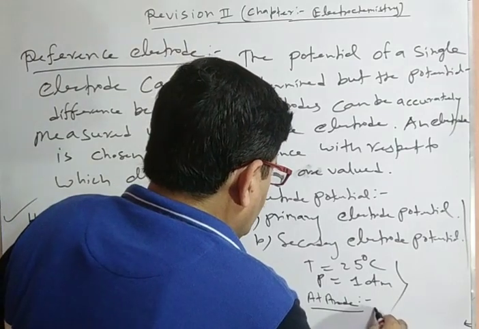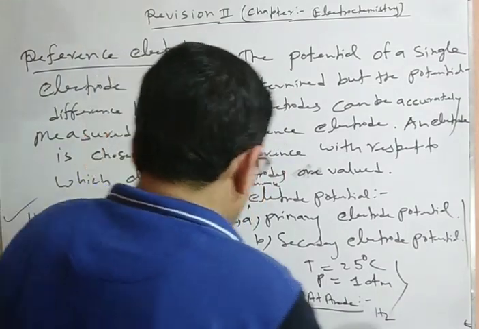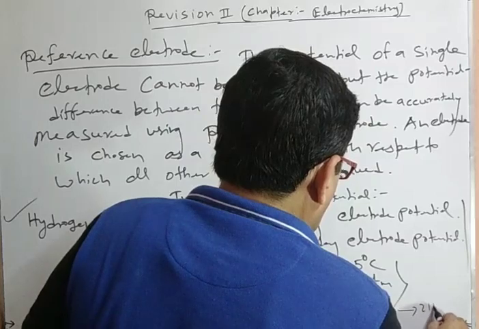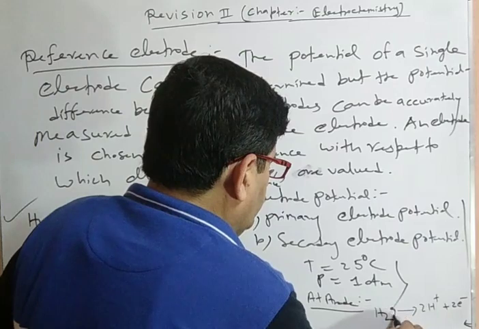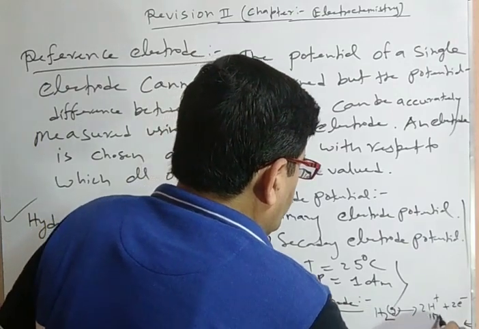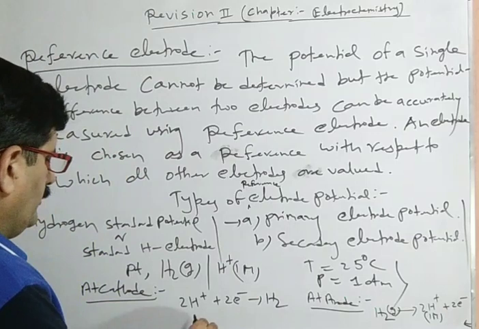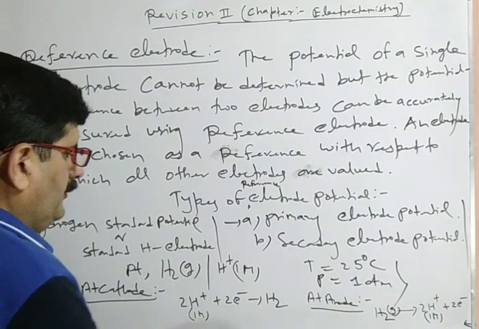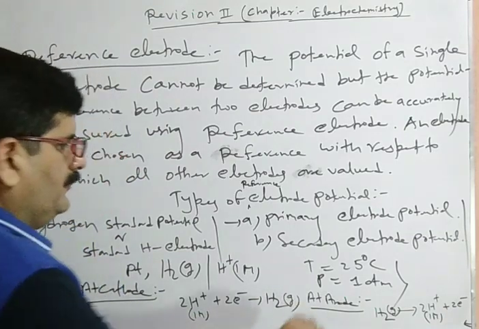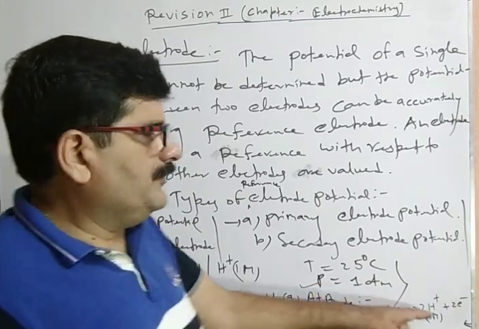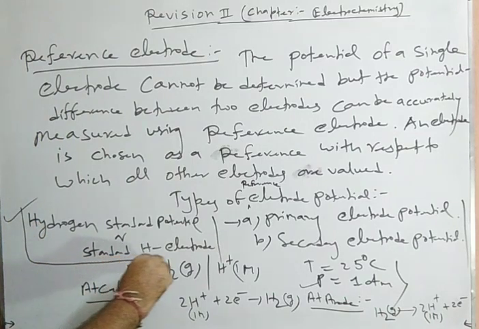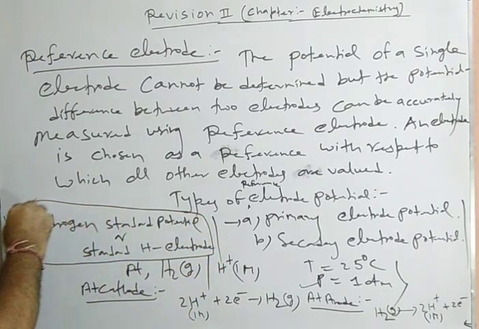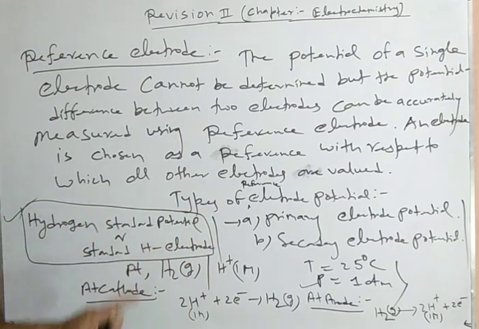That is, H2 gives 2H plus plus 2 electrons. This is gas and the concentration becomes 1 M. There is always oxidation at anode. So this pattern of reactions is possible in the standard hydrogen electrode.